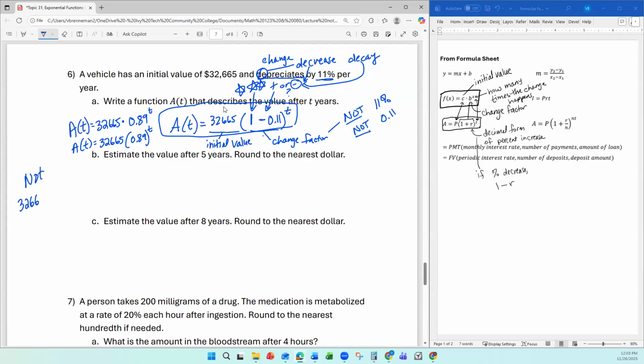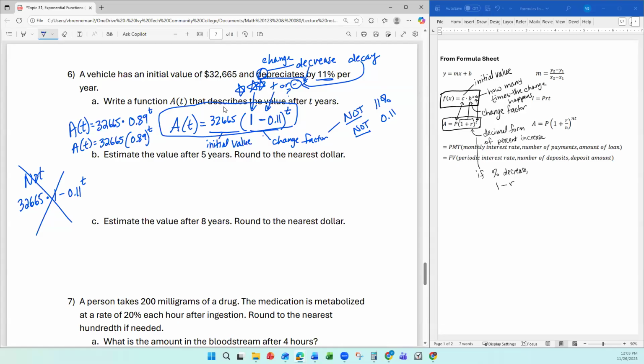You could not do the bullet and then the 1 minus 0.11 with no parentheses. That would not work, so don't do that. Make sure the t is, again, the exponent. It is not just down on the same level as everything else. And that's the function.